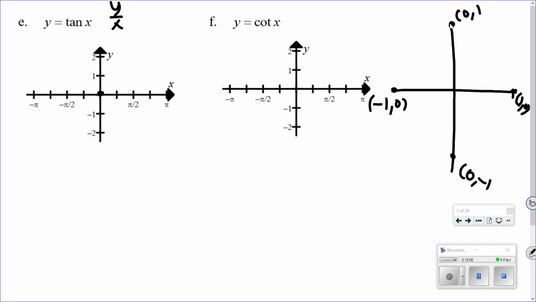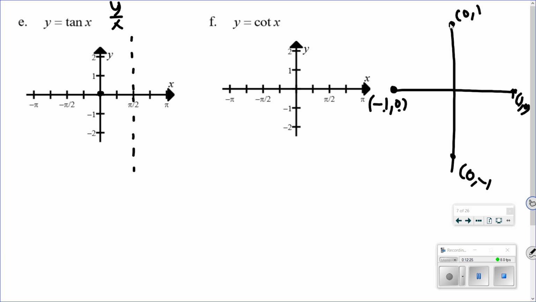So at pi over 2, there's actually a vertical asymptote. It doesn't work. At pi, right here, if I go y over x, that'd be 0 over negative 1. There's another point, it's 0 again. Oh, I'm sorry, it only goes to pi. So let's move this point over.